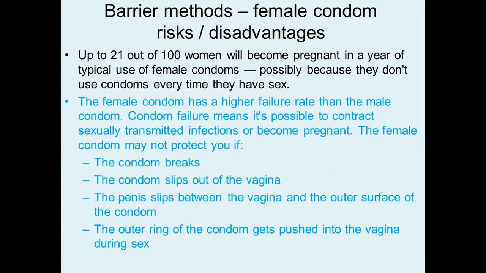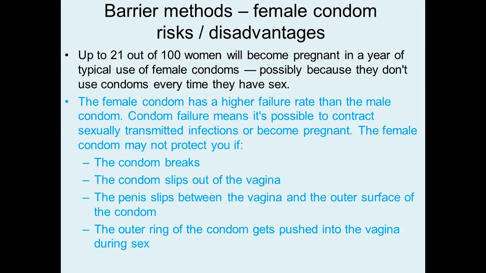So some of the risks or disadvantages: up to 21 out of 100 women will become pregnant in a year of typical use of female condoms. And it's possibly because they don't use condoms every time they have sex. Female condoms, if they're not acquired free in a bathroom or something like that, or from a clinic, are actually really expensive.